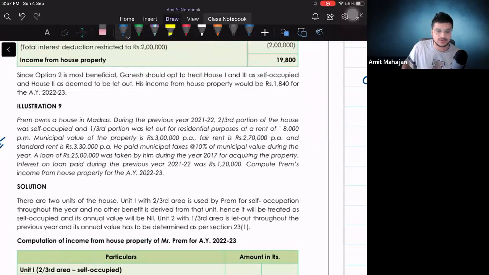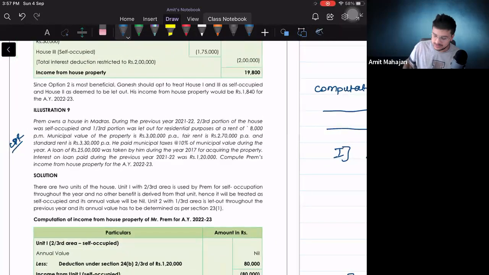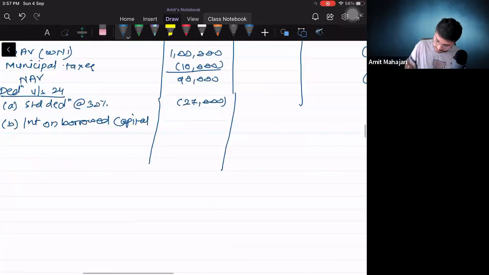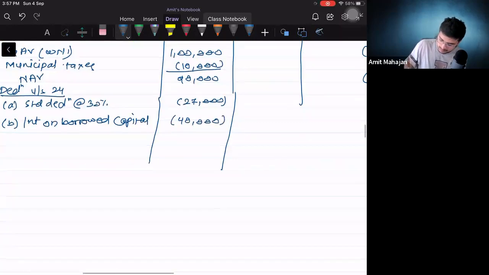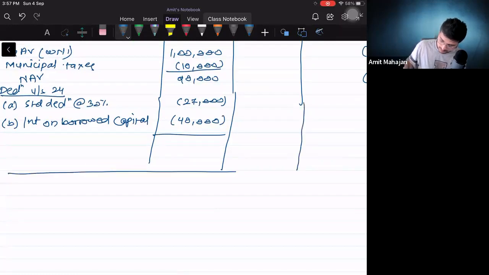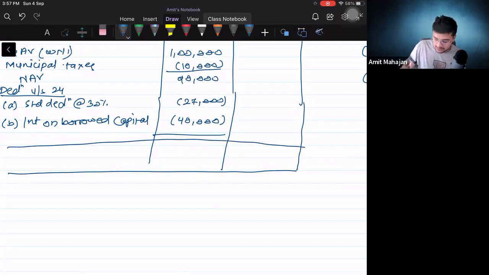Interest on loan for the previous year was 1,20,000, but that 1,20,000 again is for the entire property. For us, it will be 1,20,000 upon 3, right? So it is going to be 40,000. 90,000 minus 67,000 comes to 23,000.